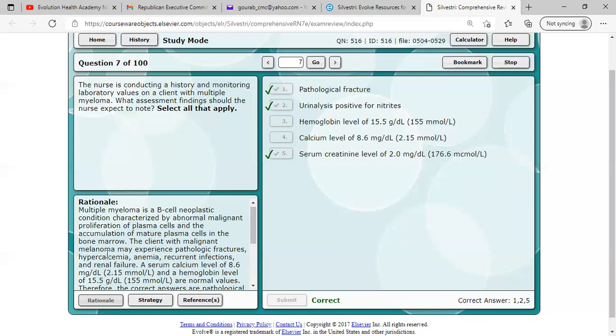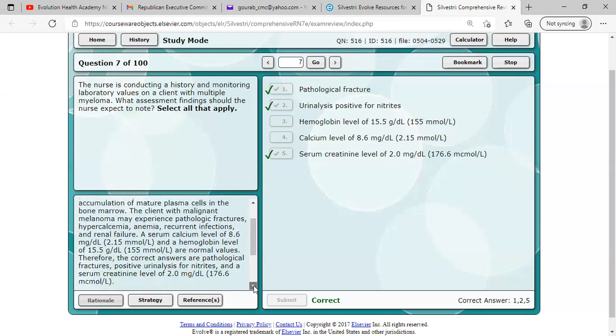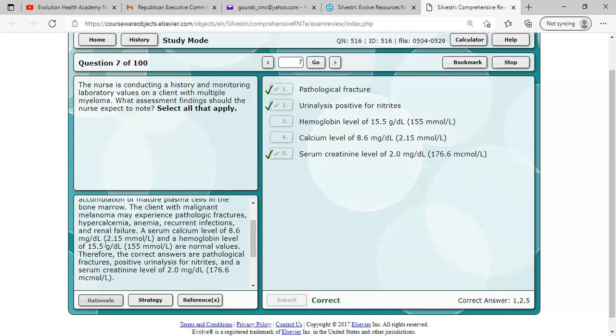The client with multiple myeloma may experience pathological fracture, hypercalcemia, anemia, recurrent fracture, and renal failure is more common. Serum calcium level 8.6 and hemoglobin level 15.5 are normal values. Therefore, the correct answers are pathological fracture, positive urinalysis for nitrate, and serum creatinine level high, 2.2.